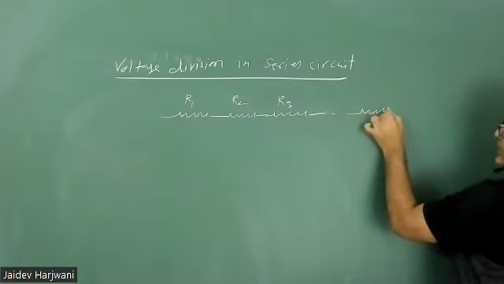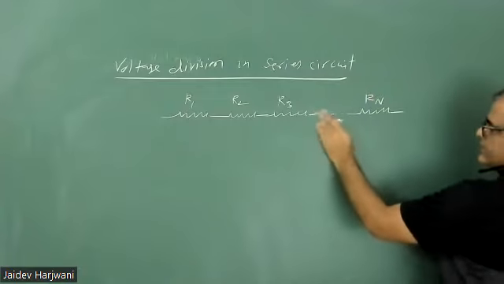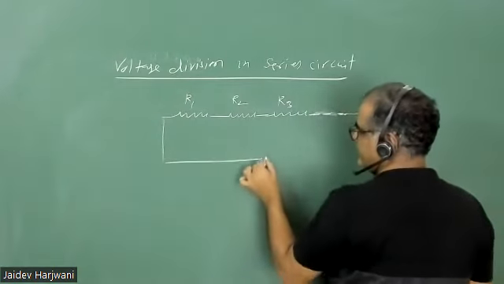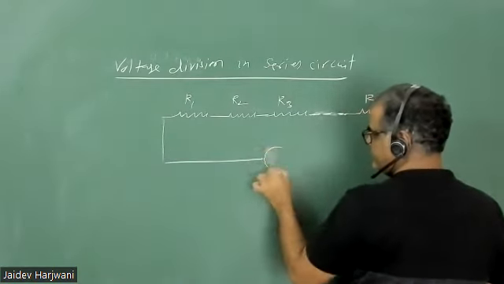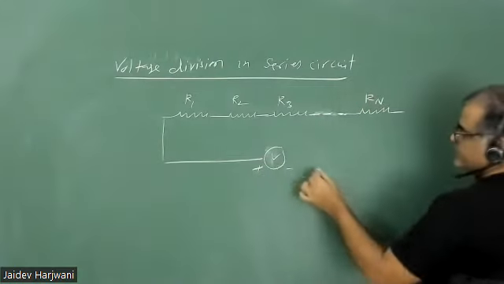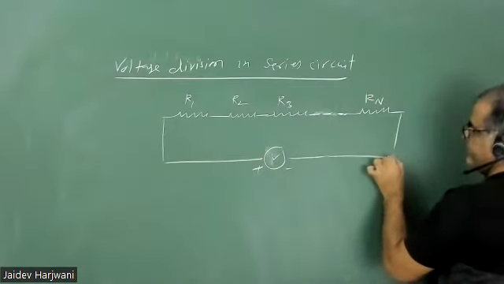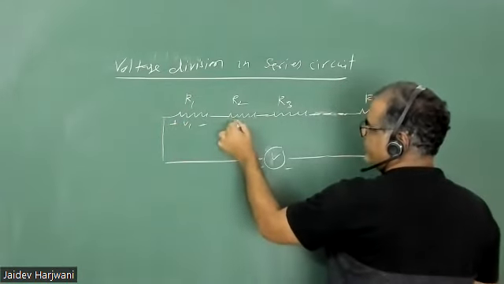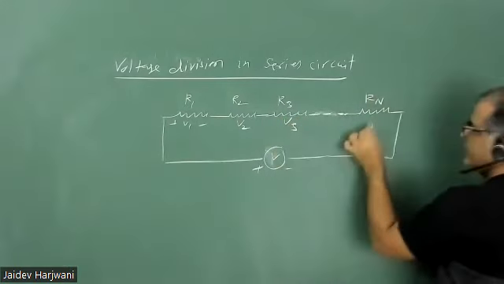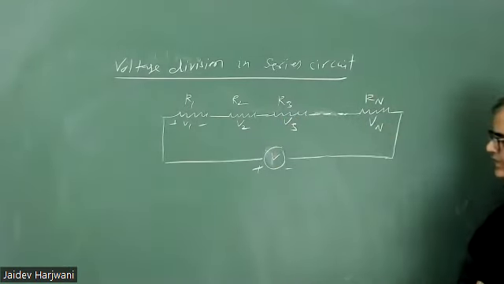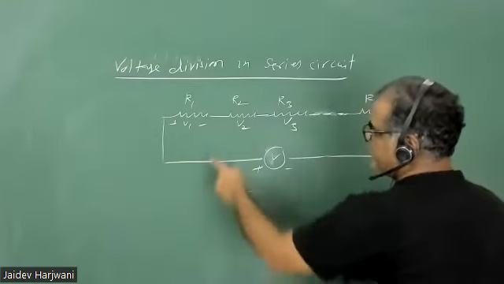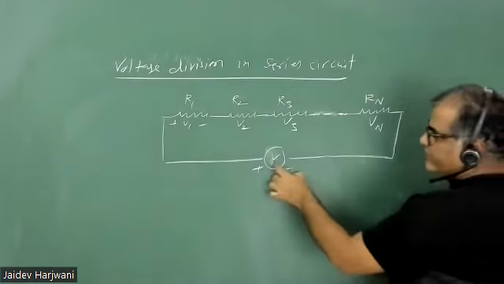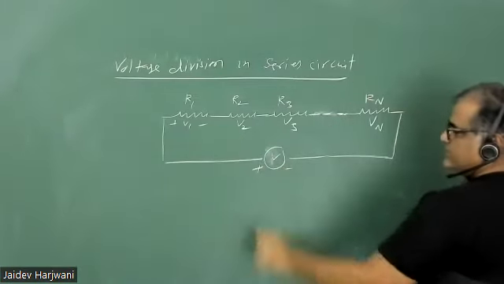So this is my Rn, and here I am applying a voltage source V. Okay, so the voltage drop here is V1, here is V2, here is V3, and here is Vn. Now I want to find what will be the value of V1, V2, V3 when they are in series. Okay, how this voltage will distribute among these resistors.